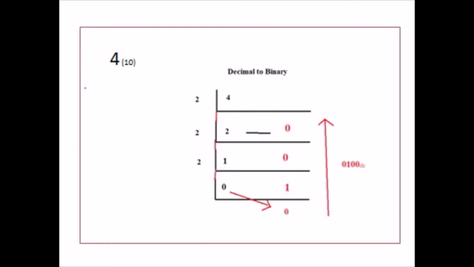The first one, 4 divided by 2, gives remainder 0. Again 2 divided by 2 gives remainder 0. Then 1 divided by 2 gives remainder 1 and quotient 0, which is the end. So from the bottom to the top, the digits written are 0 1 0 0, which is the binary value for the decimal value 4.